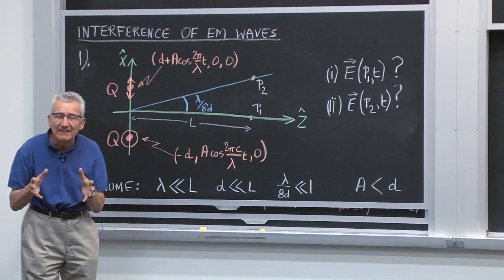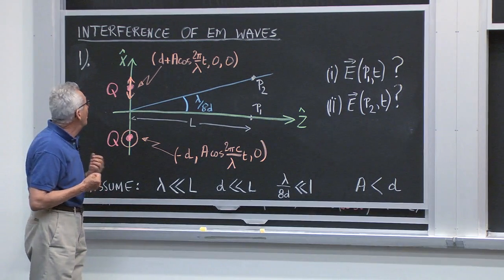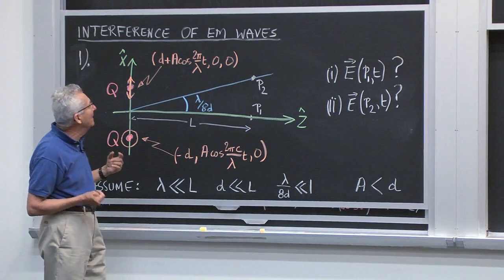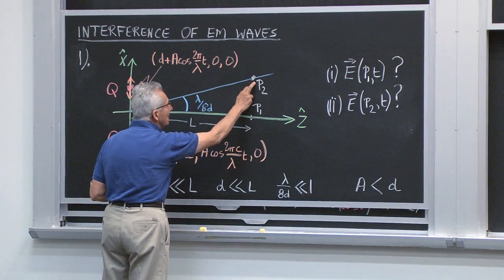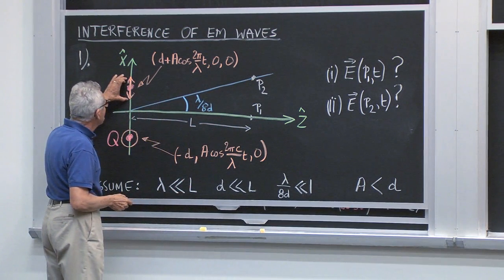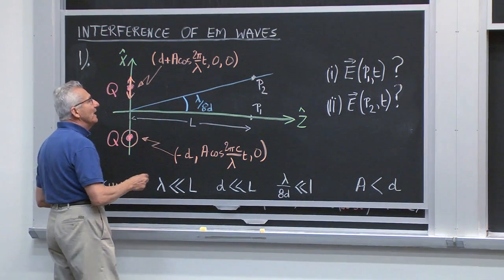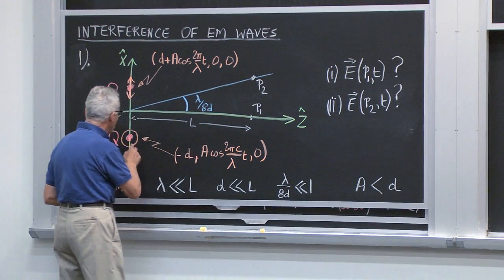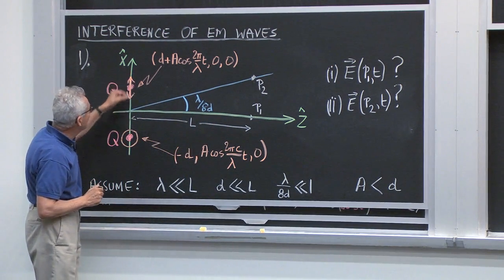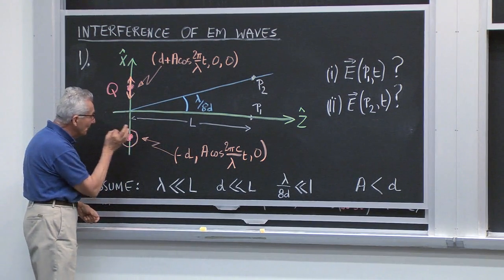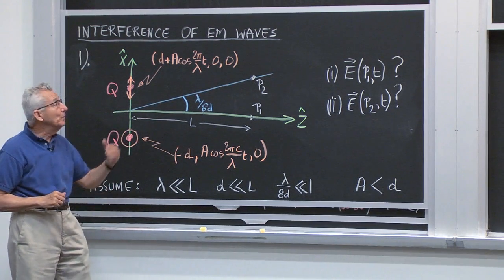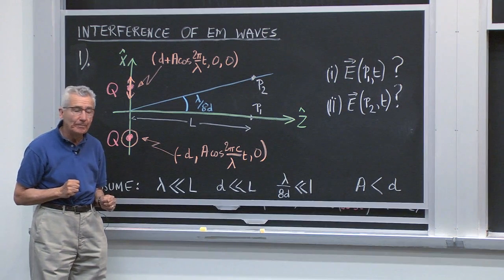And we do exactly the same, so I can go a little faster. I will calculate the electric field here due to this charge oscillating. I'll then calculate the electric field here due to this charge. I'm reminding you this one is oscillating like that. And we will vectorially add the two.